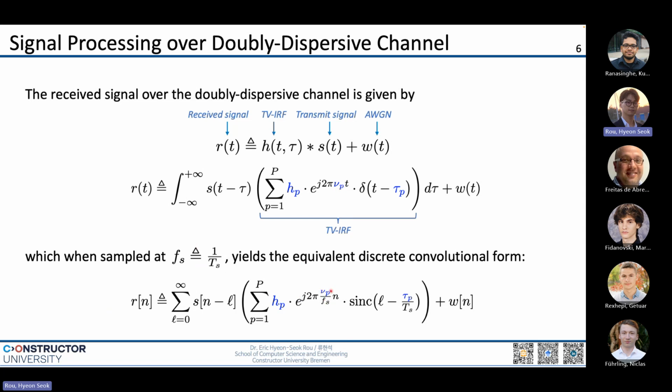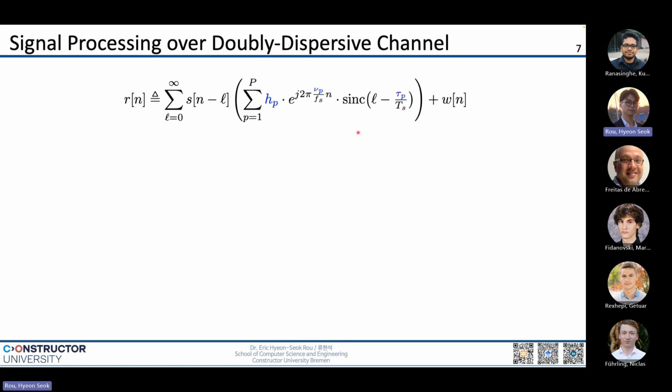So we can see that the terms appear as the Doppler shift divided by the sampling frequency, and the path delay divided by the sampling period. So this is what we had before.